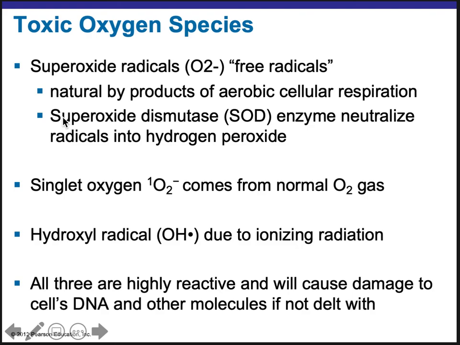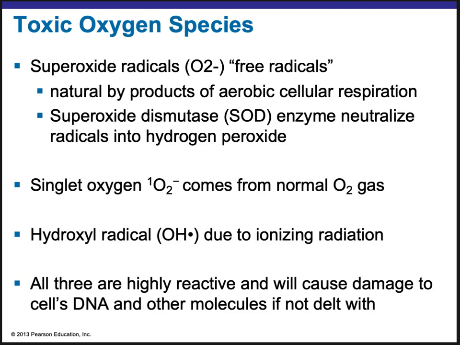So we have to have enzymes because nothing's perfect. We show these diagrams in the book, and it looks like it's always this way and it's perfect. But of course, nothing's perfect.